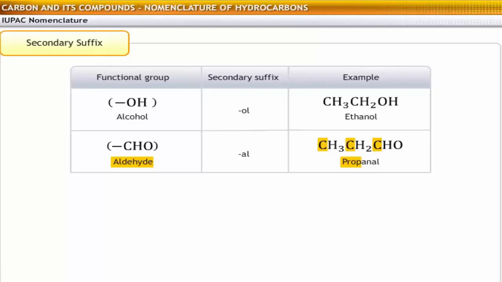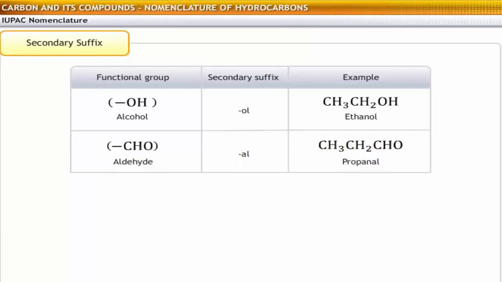The aldehyde molecule is saturated, so the primary suffix should be "ane". However, the molecule contains a functional group CHO, so a secondary suffix needs to be included in the name. Remove the E from alkane and add the suffix "al". Therefore, the IUPAC name of the given molecule is propanal.